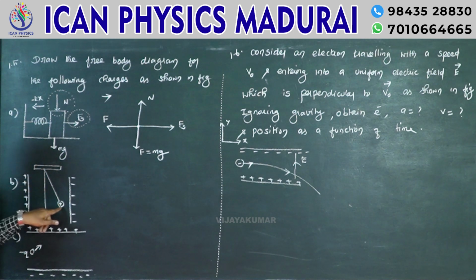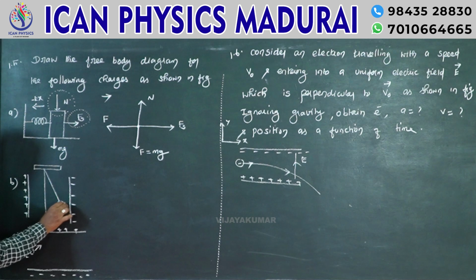A bob with a positive charge is suspended and makes a certain angle. The positive charge is attracted by the negative charge.